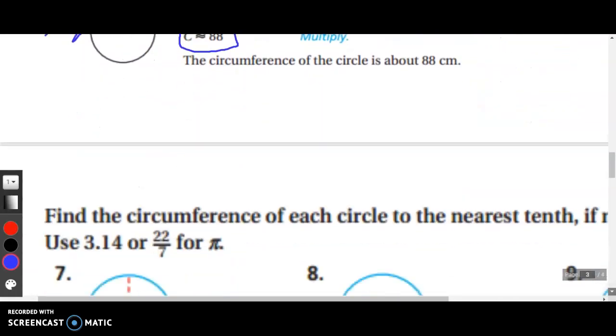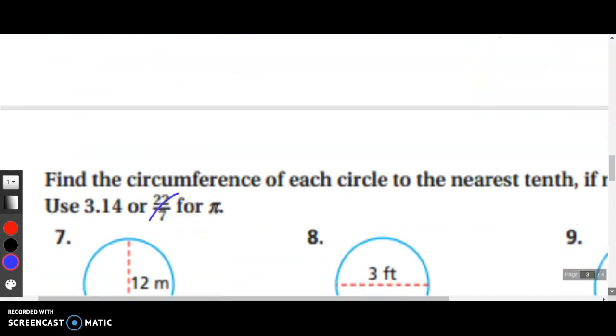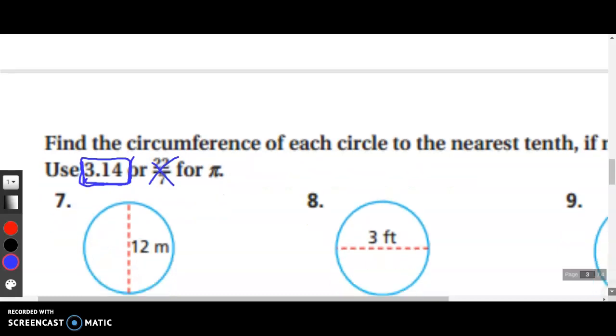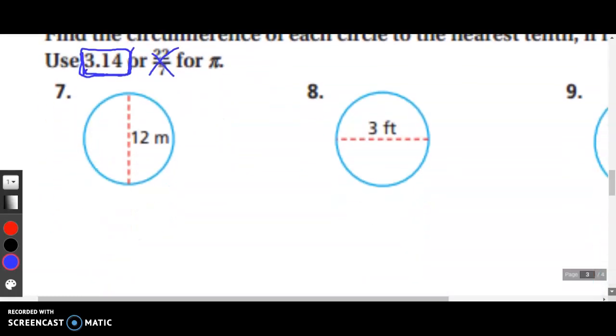All right, so let's practice a little bit. We are not going to use 22 over 7. We are going to use 3.14 for everything, okay? So, number 7, the first thing you ask yourself, are they giving you the diameter or are they giving you the radius? They're giving us the diameter. So we're going to use the circumference formula with diameter, which is C equals pi d.